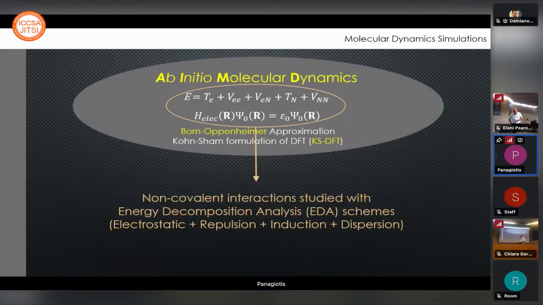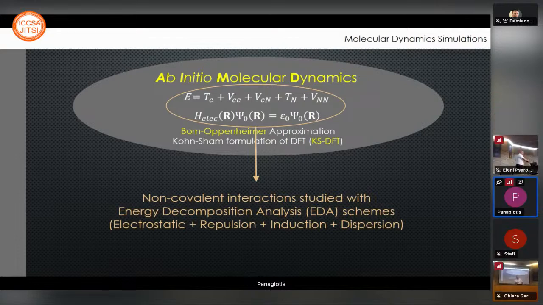However, in ab initio simulations, we don't have an explicit form for each non-covalent interaction, as in the classical simulation. So people have developed useful schemes to decompose the total interaction energy into electrostatics, induction, which is the polarization in classical dynamics, Pauli repulsion, and dispersion.